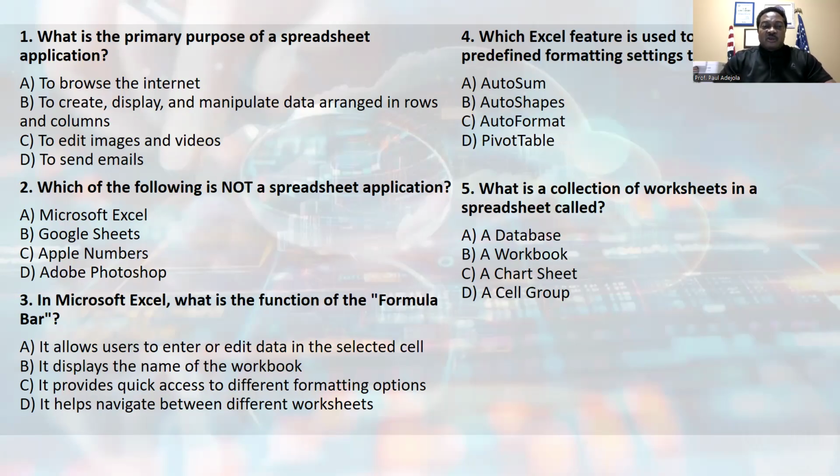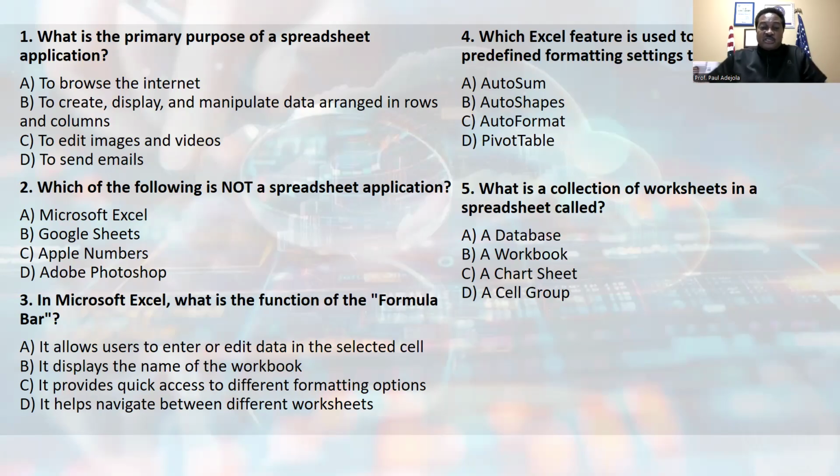Question 3, in Microsoft Excel, what is the function of the formula bar? A, it allows users to enter or edit data in the selected cell. B, it displays the name of the workbook. C, to provide quick access to different formatting options. D, it helps navigate between different worksheets.